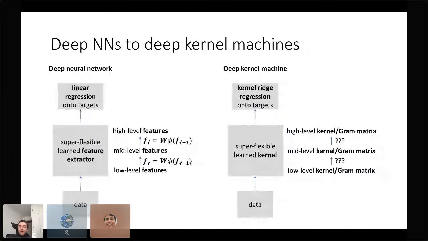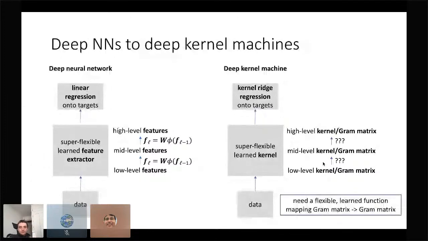But we don't know how to do this in the case of a deep kernel method, and that is what I'm going to spend the next 3 slides talking about. How do we build these gram matrix to gram matrix transformations that include the required flexibility? We need this flexible learned function mapping from a gram matrix to a gram matrix.